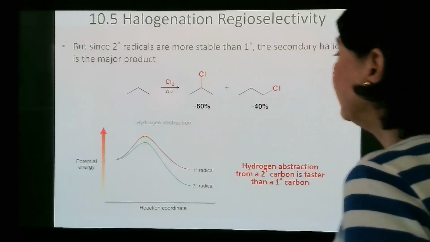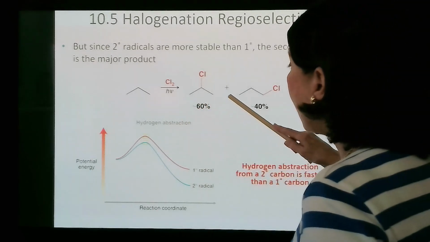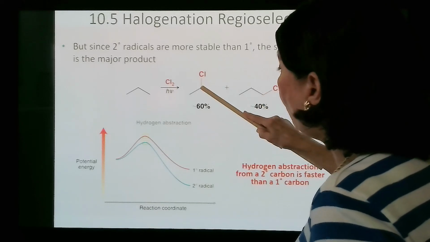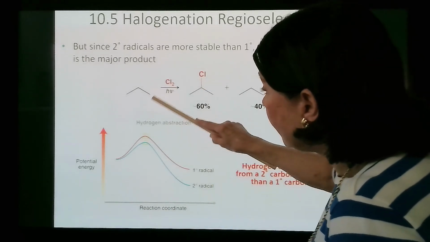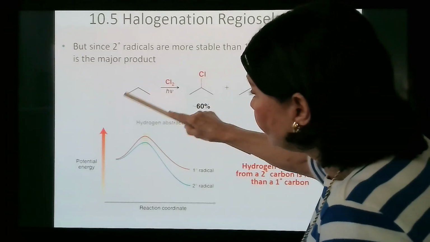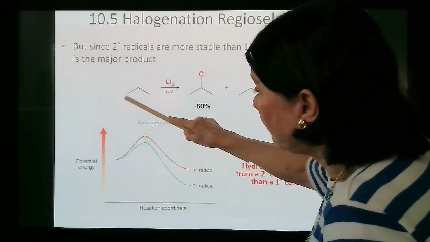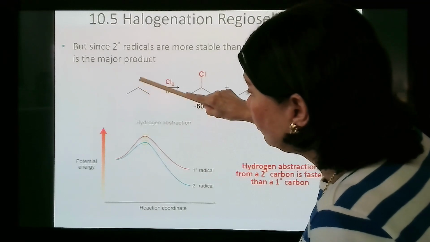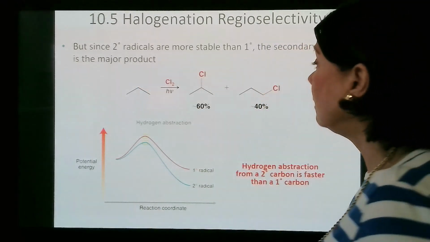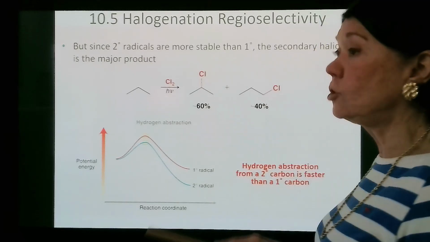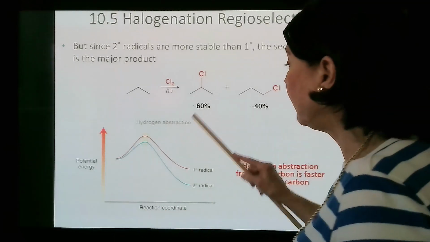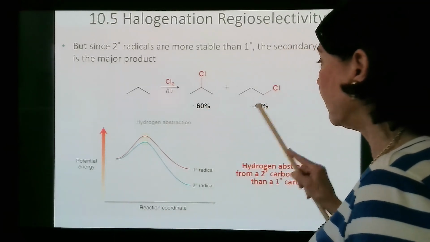And so what happens, even though there's a 3-to-1 ratio statistically, 6 CH bonds when you consider both methyls, and 2 CH bonds, that gives you a 3-to-1. But what you see is not just a statistical effect, because this is 60% to 40%.